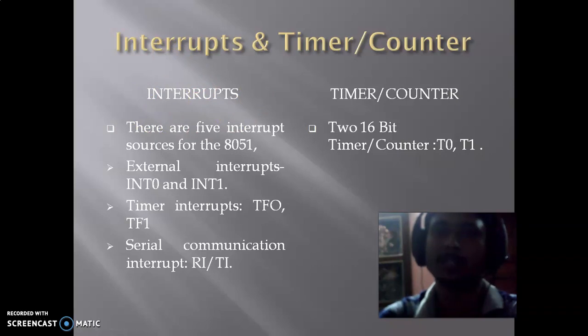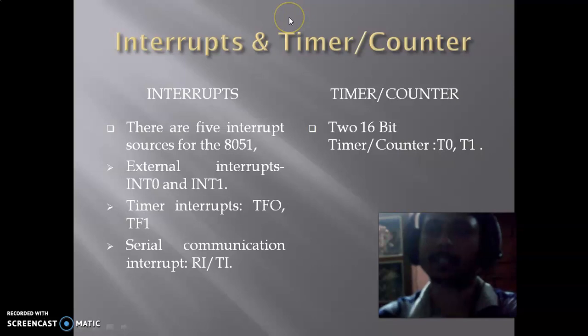These are the different blocks of the 8051 microcontroller that I already discussed: the ALU, oscillator, RAM, ROM, interrupts, timer, counter, 4 parallel ports and the serial port, and all of these are fabricated in a single chip.